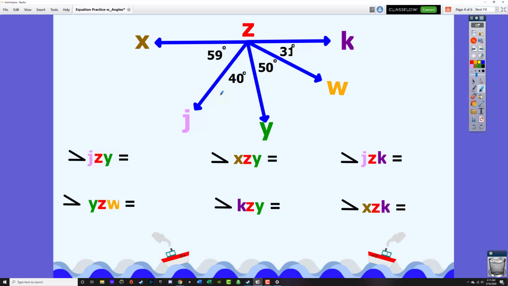Well, let's go up here. So JZY, so J, Z, and Y. And the angle measurement between them is 40 degrees. So we would say that this angle has a measurement of exactly 40 degrees.